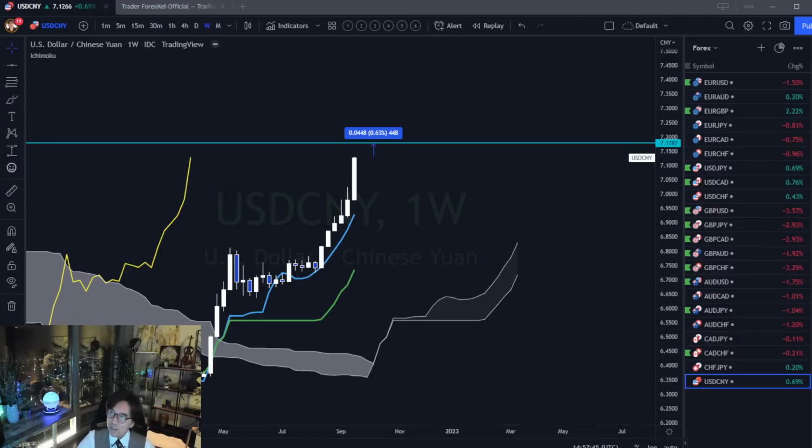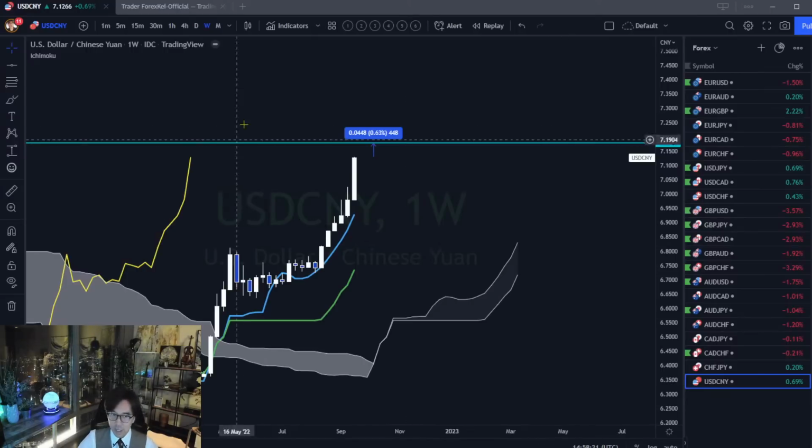Jotaro says, what do you think about the footprint chart? I don't use the footprint chart. I never used it, so I'm not really sure. Hold on, let me check. Footprint charts are a type of candlestick chart that provides additional information such as trade volume and order flow. Oh yeah, I used to use the volumes and order flow, but not anymore.